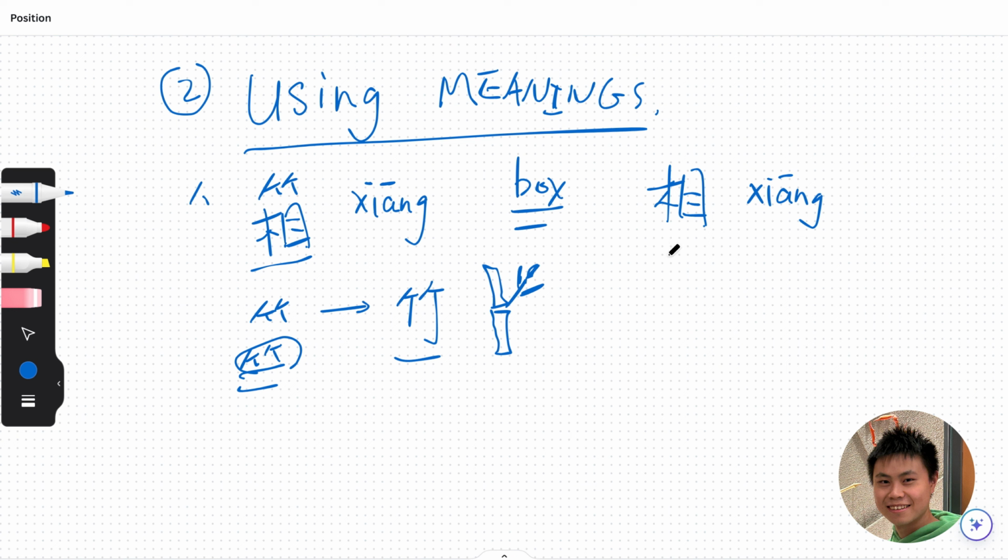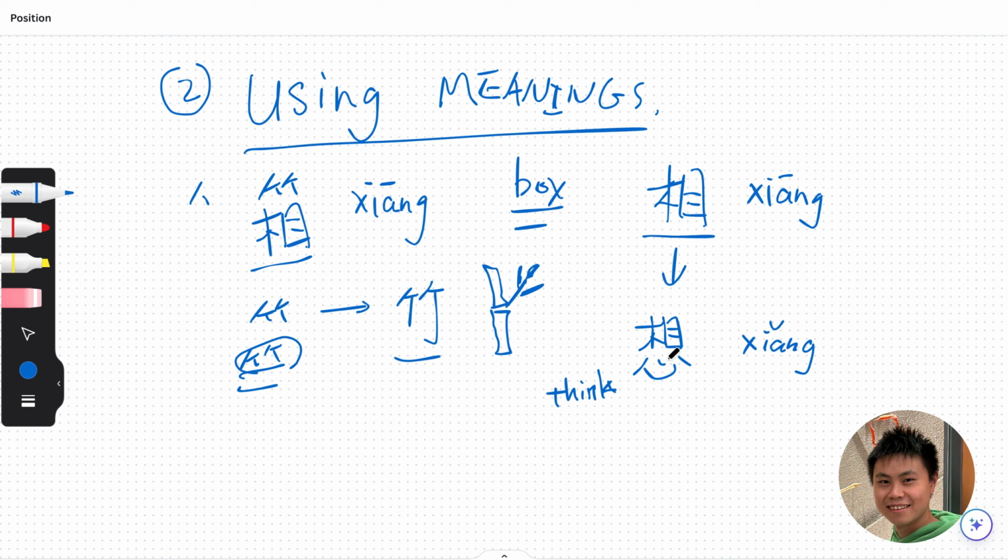And using this to remember another, think. That means think. Pronounced xiang. So you can see it also has this part.